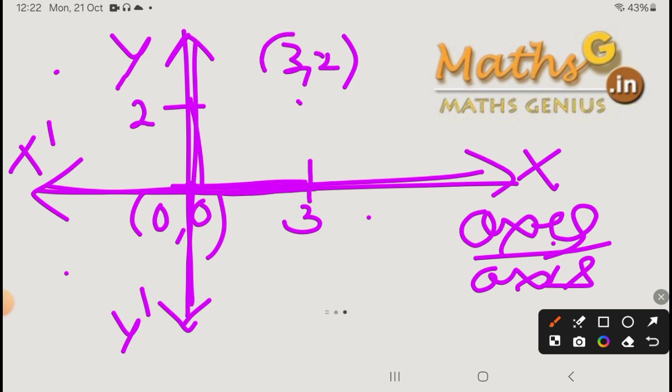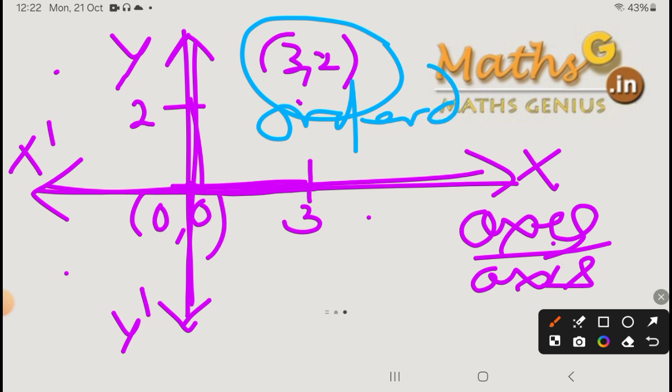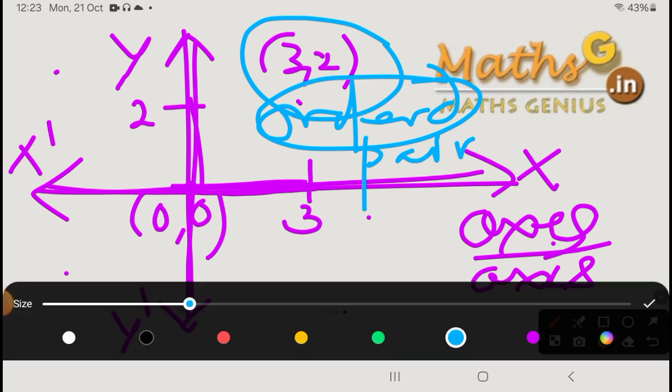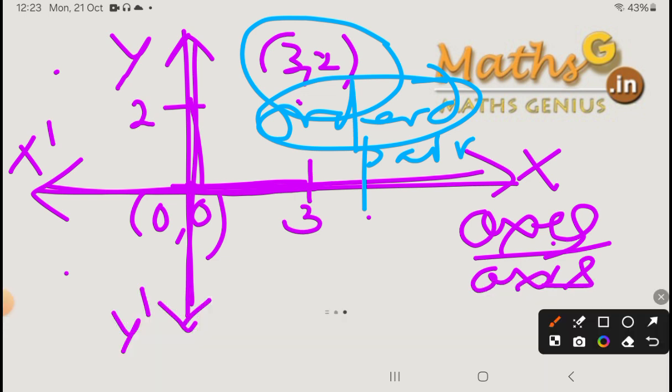And let me reiterate that this is an ordered pair. There is a good meaning to understand what an ordered pair is. Let me exemplify it exactly over here. Let's say you get another point after traveling 2 centimeters on the x-axis and 3 centimeters on the y-axis. Where do you reach?